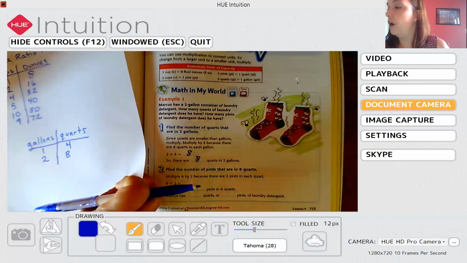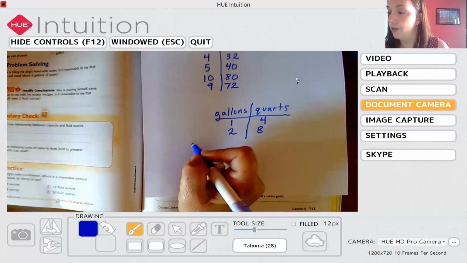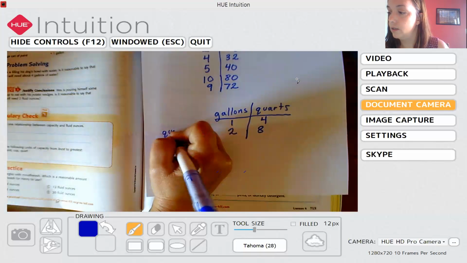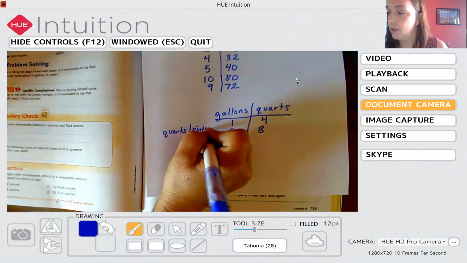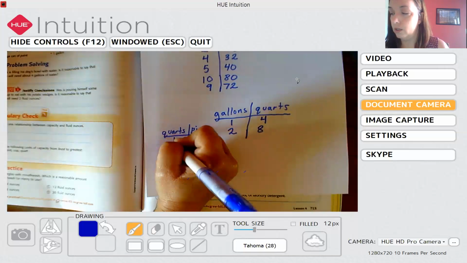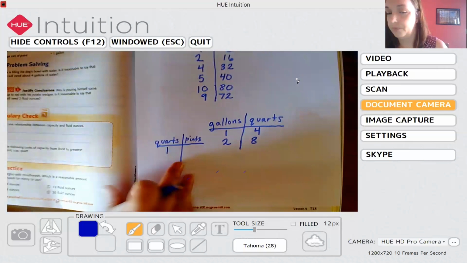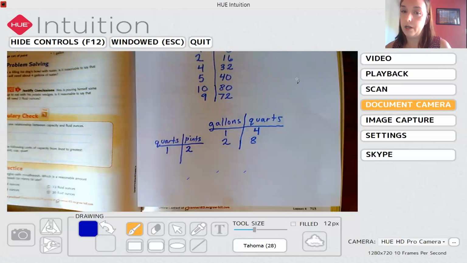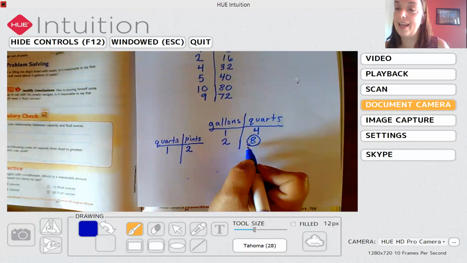So I know that in 1 quart, so I'm going to make another ratio table over here, quarts and pints, okay? So in 1 quart, there are 2 pints, okay? So I want to know, there are 8 quarts, right? So I need to get up to the 8.